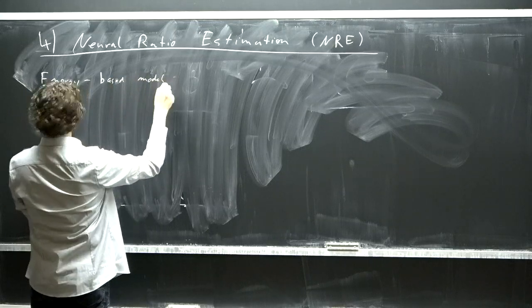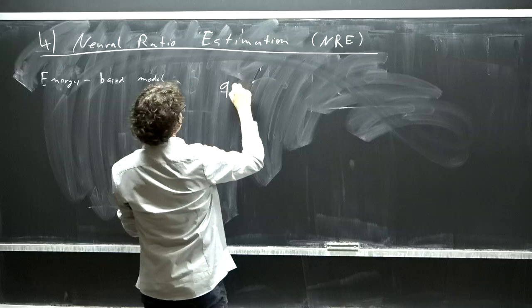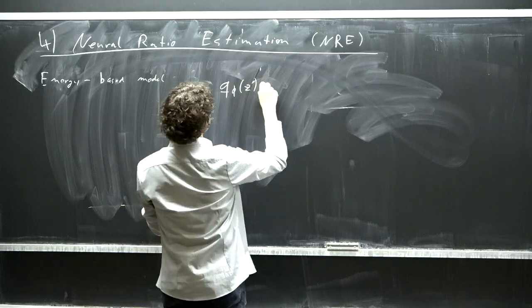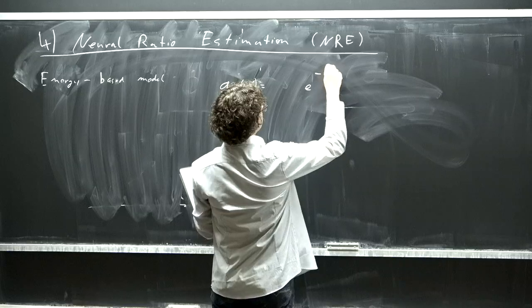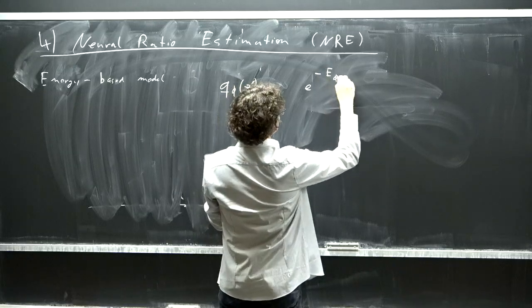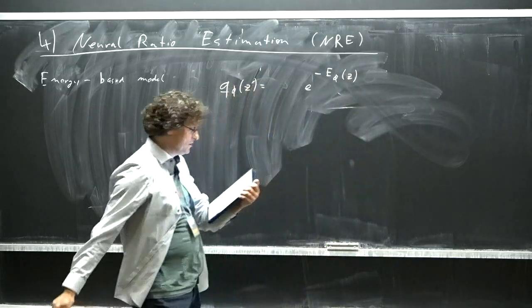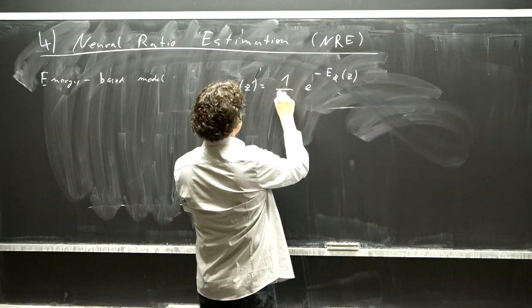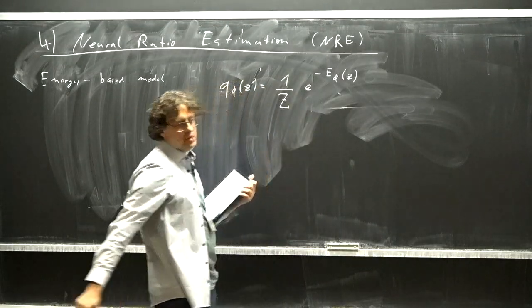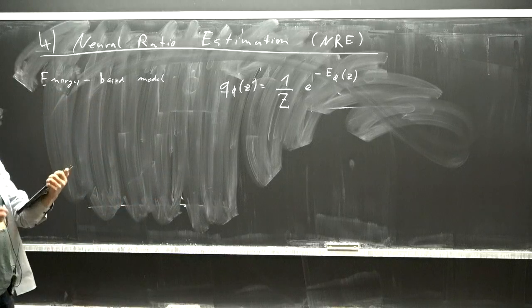So what is an energy-based model? This simply means we think about the density function that we want to fit as something that we can write as e to the power minus E. So that looks a bit like energy, but for us it's just a parameterization. And then we say, okay, we actually don't know the normalization, which you might want to call partition function.